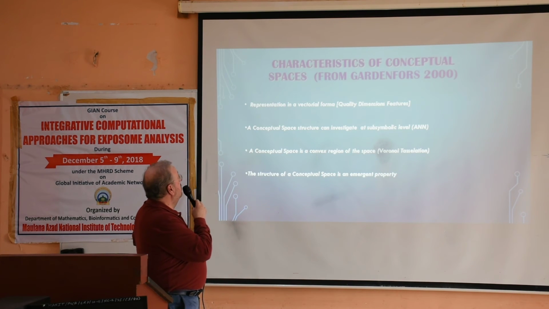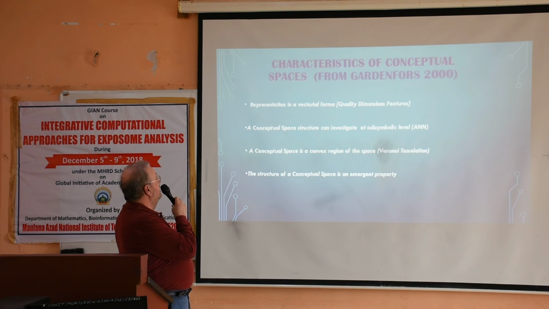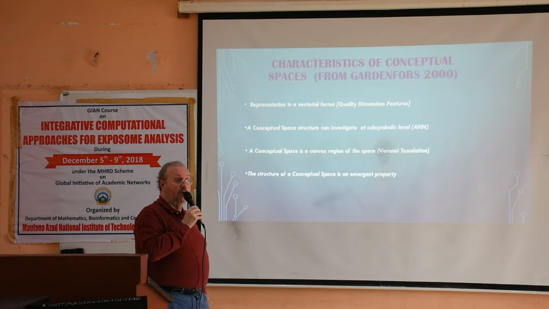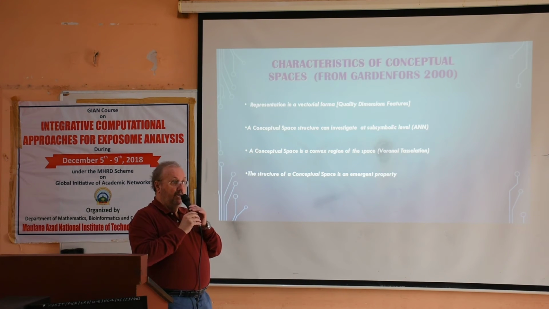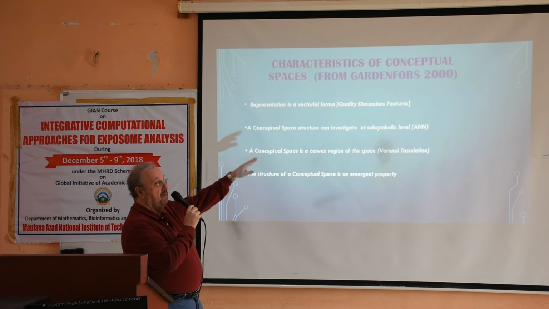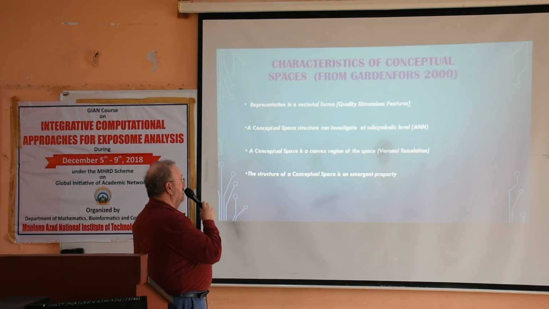The representation, in this case in vectorial form, allows us to transform data in a machine-readable way: quality dimension, feature. A conceptual space structure can investigate a sub-symbolic level. Then it's possible to apply deep learning, neural networks, whatever you want, to this representation.